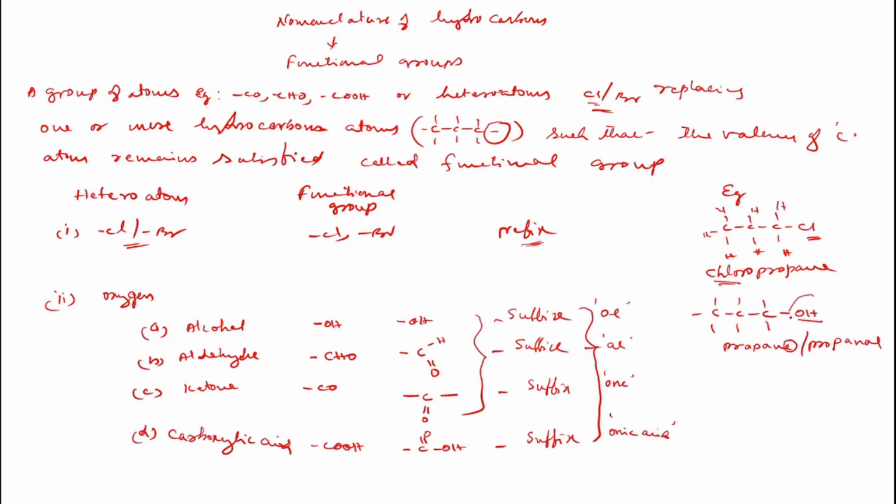Here you got CHO group. We will write C double bond O. So this you have to name it as AL. You have to give propanol.